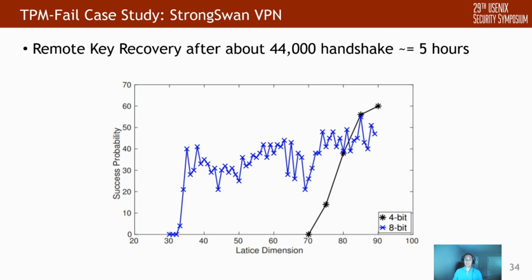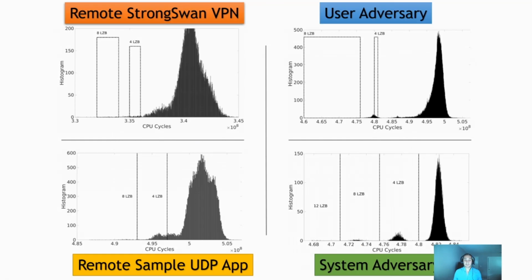In this experiment, we needed 44,000 handshakes, which takes about 5 hours, to get enough of the signatures that we want, and we could recover the private key. In this figure, we can see that with a lattice dimension of 90, we can recover the private key with a 60 to 70% success rate.